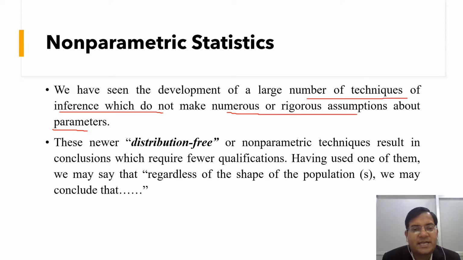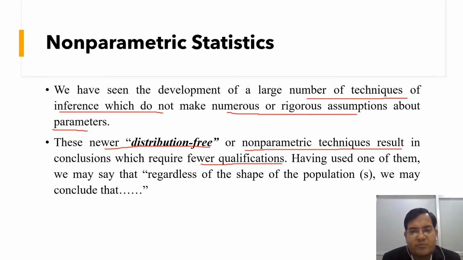That's why the new techniques that were developed are called distribution-free or non-parametric techniques, which result in conclusions that require fewer qualifications. So if we are not able to meet all assumptions, we can use distribution-free or non-parametric statistics. Having used one of them, regardless of the shape of the population, we can conclude something.